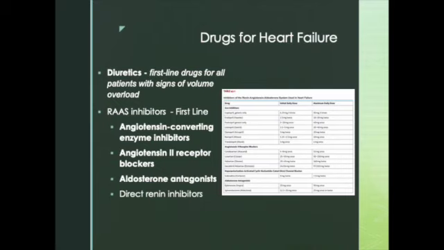Now, if you give ACE inhibitors to a patient with bilateral renal artery stenosis, this is going to cause renal failure. And because of the ability to elevate potassium levels, ACE inhibitors should be used with very much caution in patients that are already taking potassium supplements, or if they're on a potassium-sparing diuretic like spironolactone.